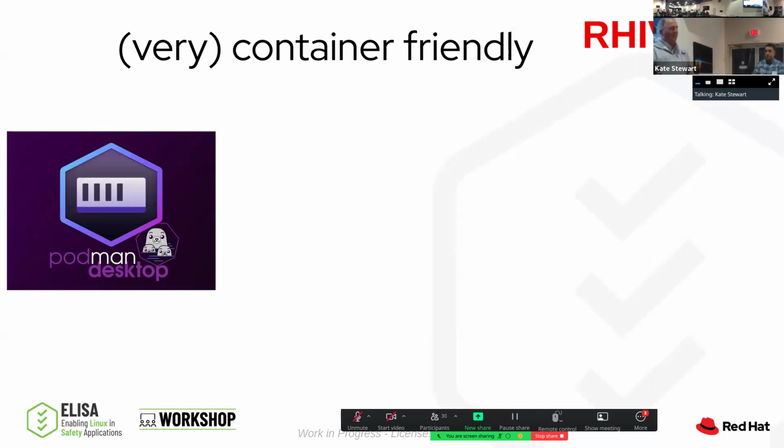Again, RHIVOS is going to be very container friendly. And one of our goals with donating Podman Desktop to the CNCF is to basically allow people to build their applications on the desktop and then go out and test them in CI/CD systems. One of the things that was brought up in yesterday's meetings was that a lot of the developers at NASA would like to be able to sit on their laptops and develop applications.